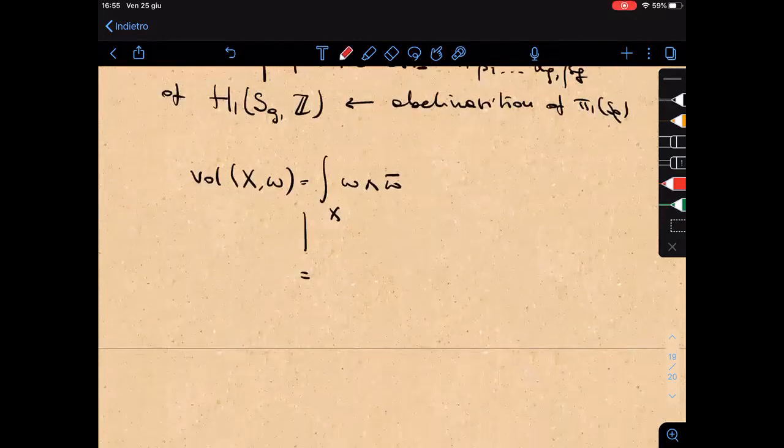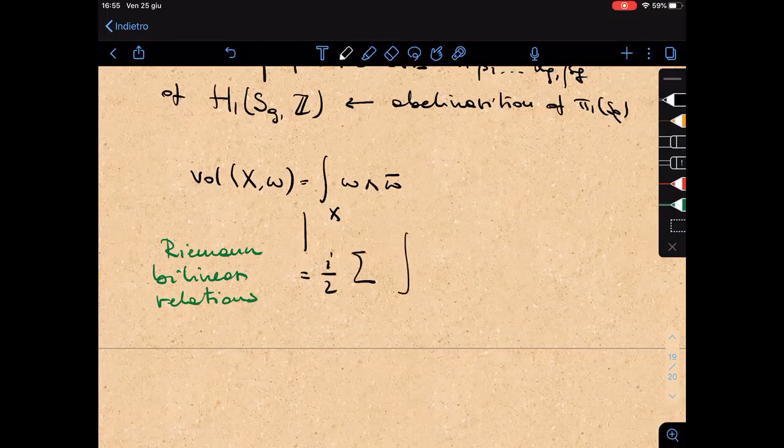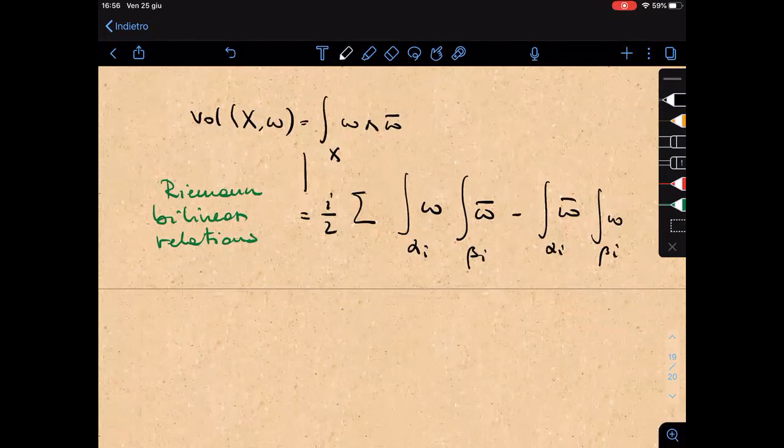This is equal, by the Riemann bilinear relations, to i over 2 times the sum of the integral over alpha_i of omega times the integral over beta_i of omega bar, minus the integral of omega bar over alpha_i times the integral over beta_i. Okay, now keep this there for a while.